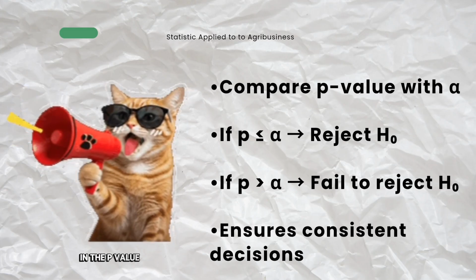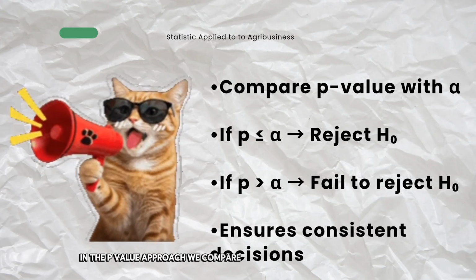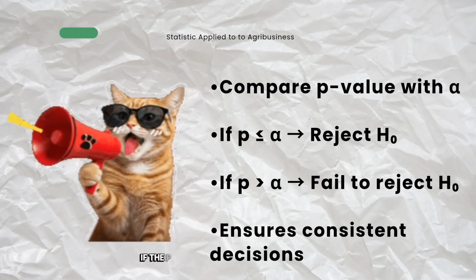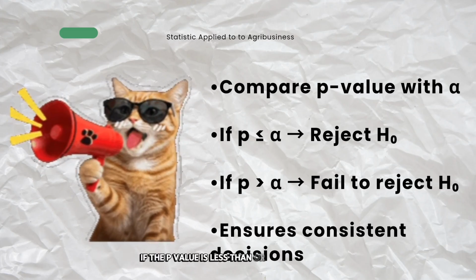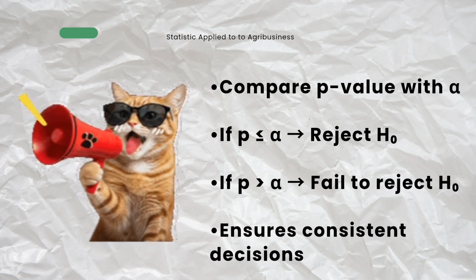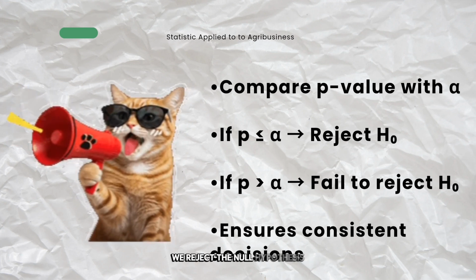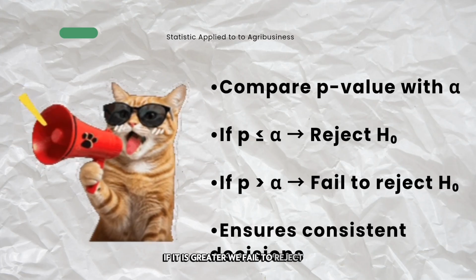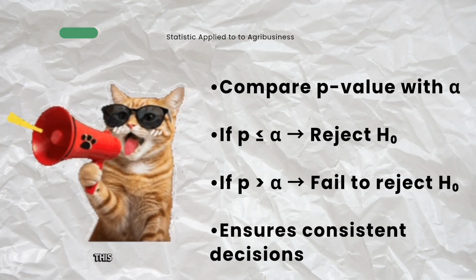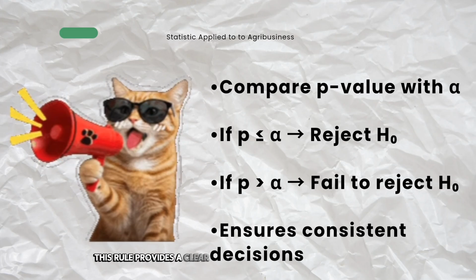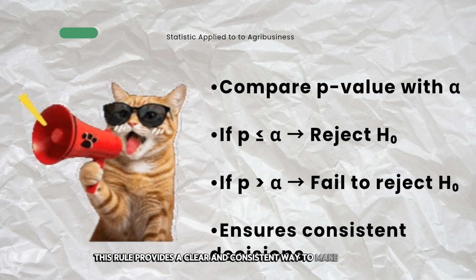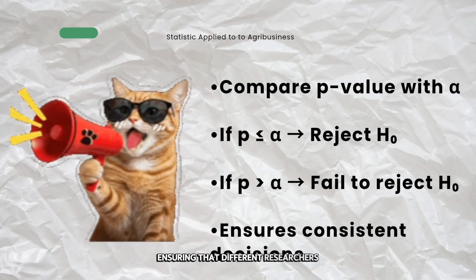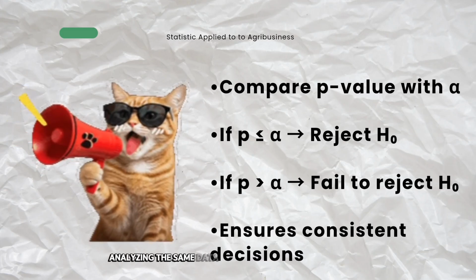In the p-value approach, we compare the p-value with the significance level. If the p-value is less than or equal to alpha, we reject the null hypothesis. If it is greater, we fail to reject it.